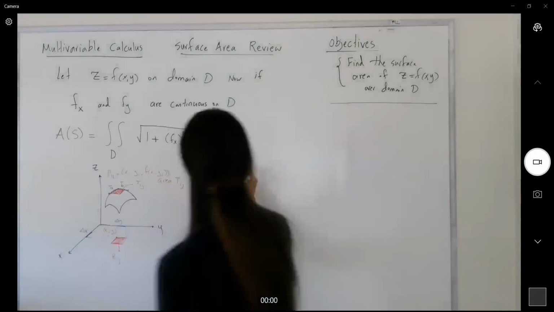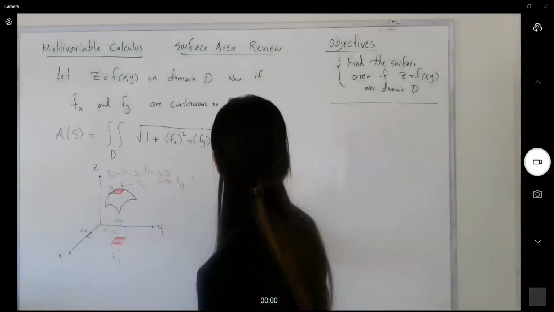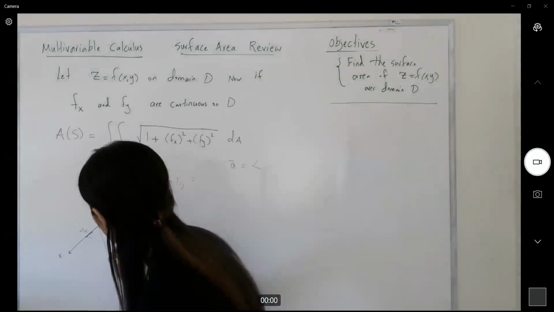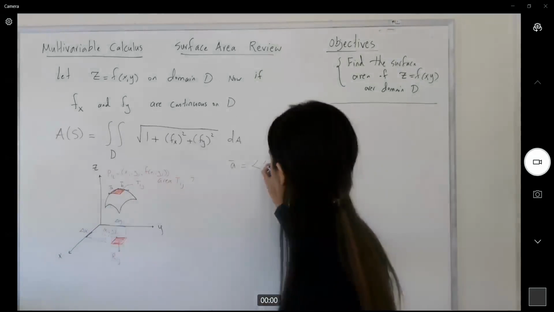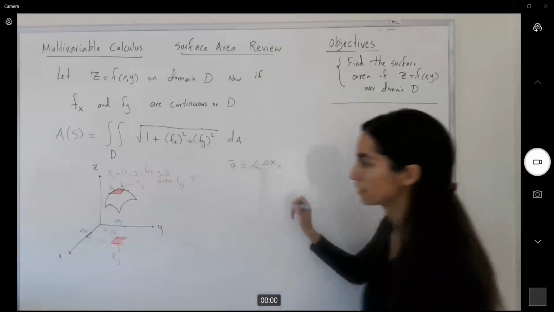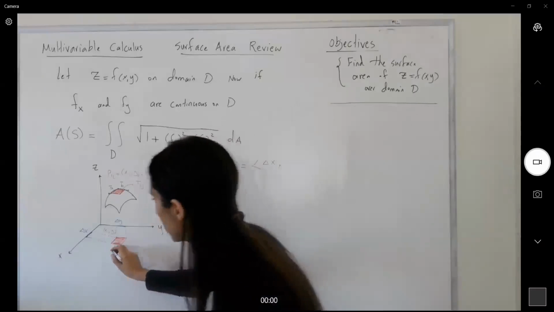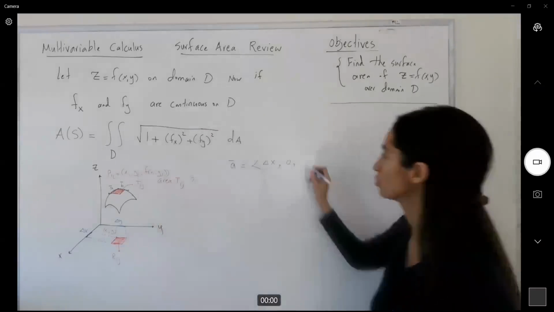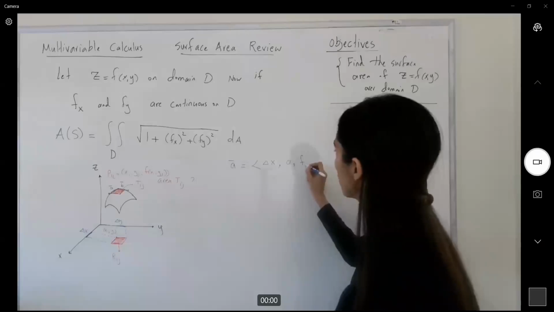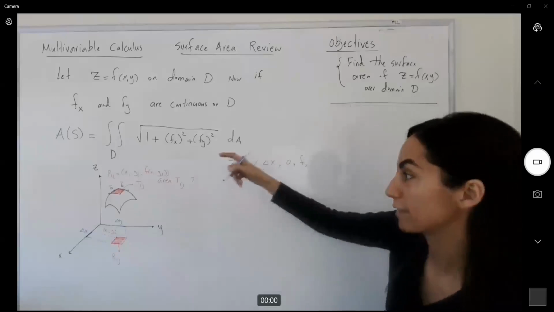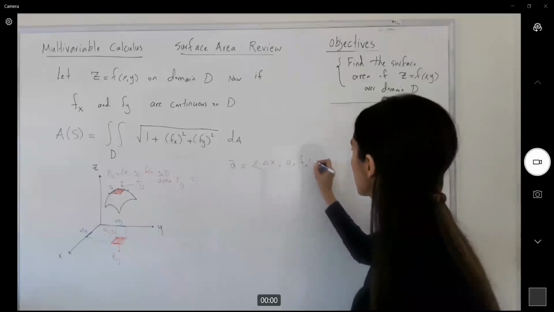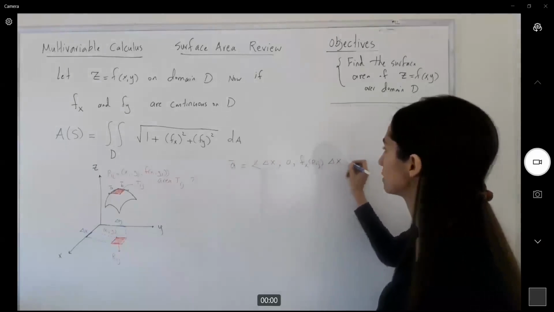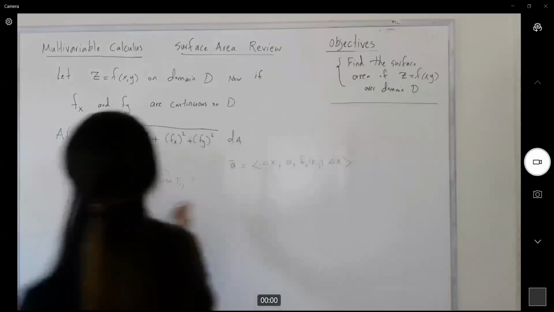We define A to be the vector. If you look at the projection of A in xy plane, the first component is delta x. The second component is 0, and the third component is the partial derivative of f with respect to x at that point, Pij, times delta x. So this is your vector A.